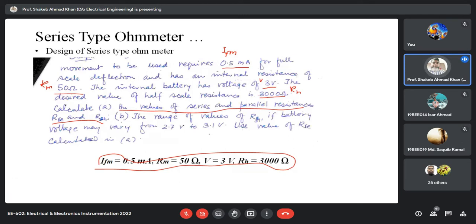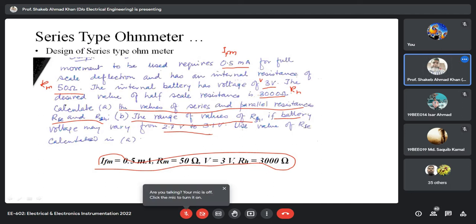Now the second part: the range of values of RSH if the battery voltage may vary from 2.7 volt to 3.1 volt. This is called excitation variation. This is an example of excitation variation. So you see, this method is also not independent of the variation in excitation.